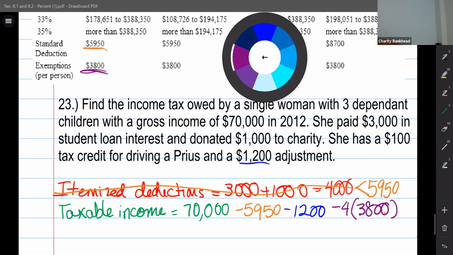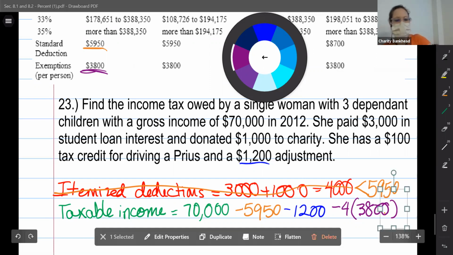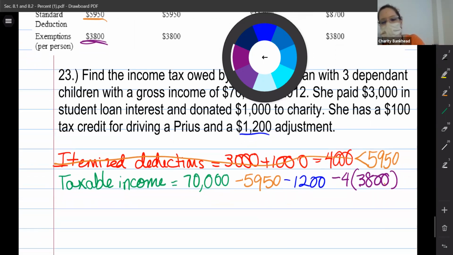So 4 times 3,800 is 15,200. All right, so $47,650 is her taxable income.